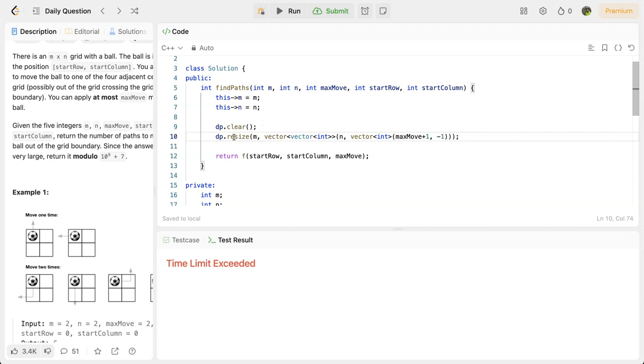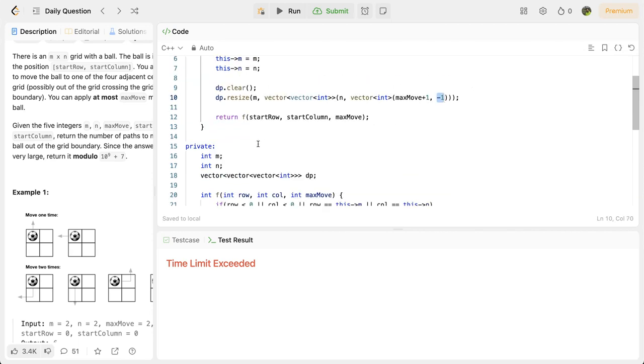So this is how we initialize a 3-dimensional vector. So this means m 2-dimensional vectors, and then inside this we have n 1-dimensional vectors, and then inside this we have max move plus 1 numbers. So this is how you can think of it.